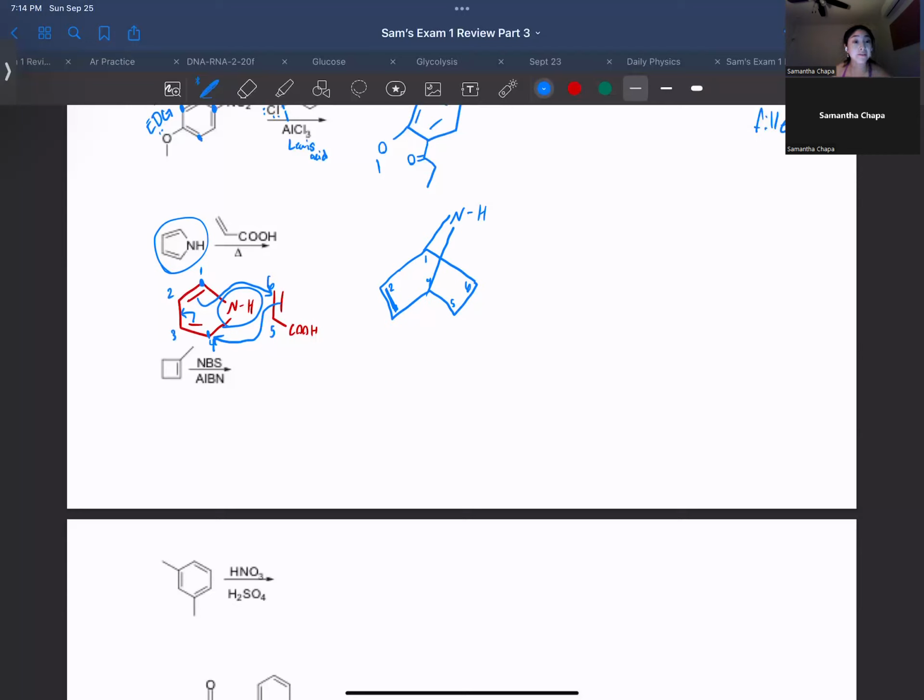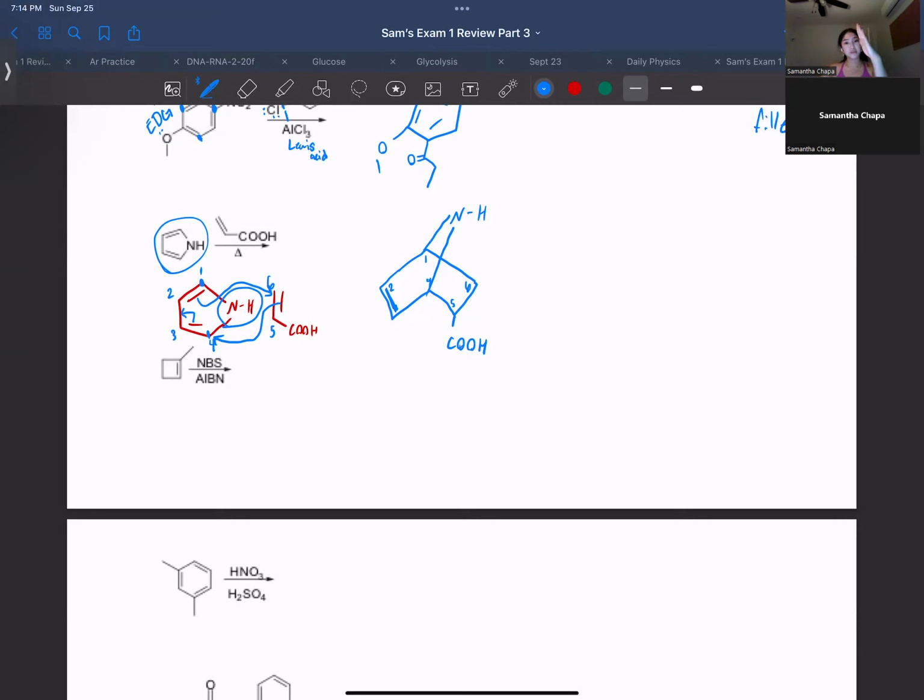Then on carbon 5, we still have a substituent, and we're going to put it in the endo position. COOH. You don't need to draw it out, just use abbreviations. And I put it only in the endo position because the endo position is the most stable position on this compound.